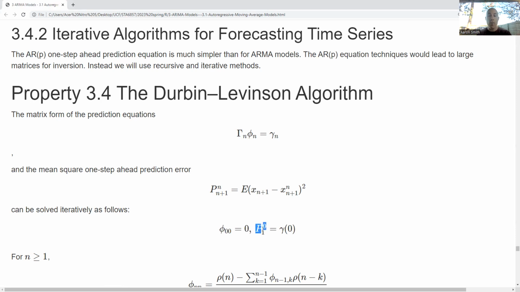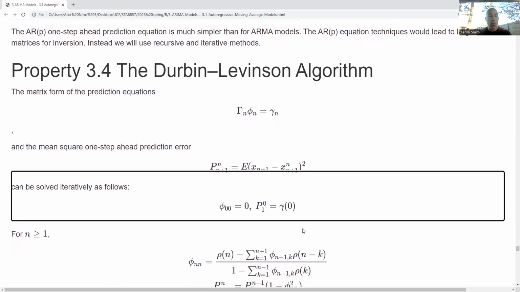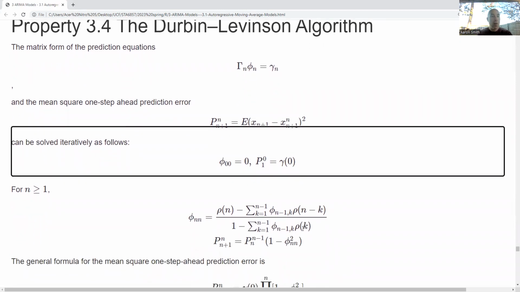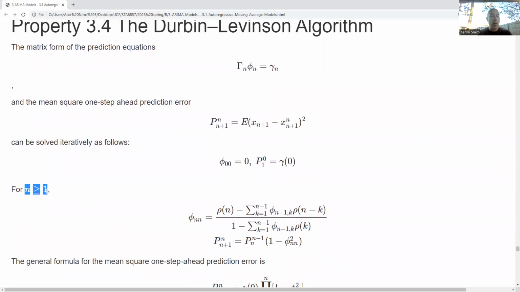I'm going to set the mean squared one step ahead prediction error, so with just starting out here, I'm going to take gamma of 0, the variance of my time series, the autocovariance without the lag term, which is the variance. All right, so now for n greater than or equal to 1, we're going to use this equation here.